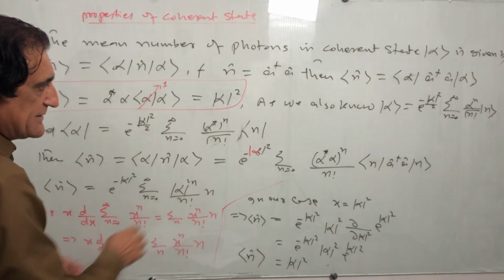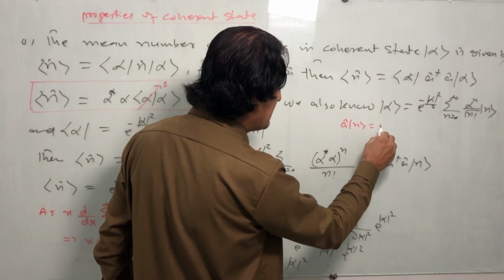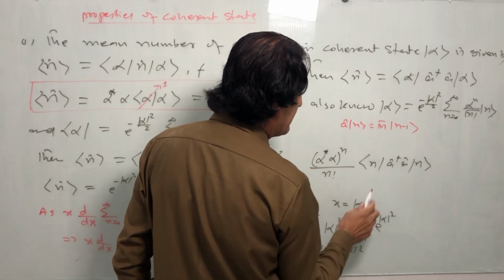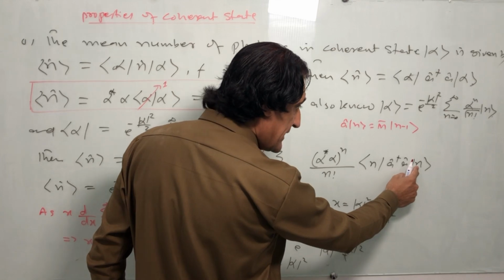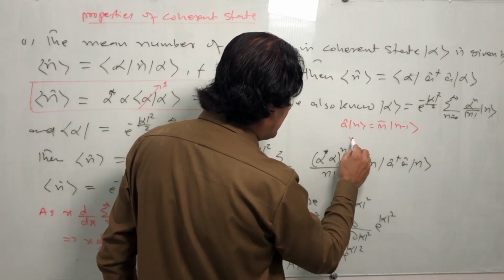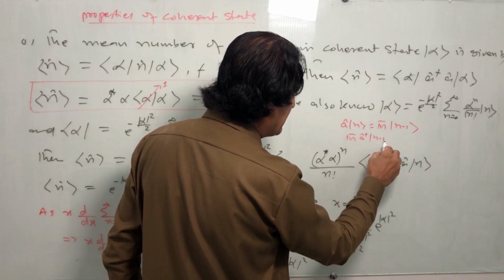This is very easy, because first if you apply a, we get square root of n times |n minus 1⟩. So the state becomes n minus 1, and then you can apply square root of n a dagger with |n minus 1⟩.